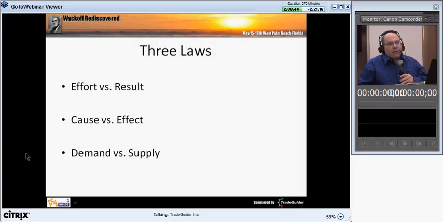Cause versus effect. Basically, the longer the market goes sideways through a trading range, and markets are probably in trading ranges 70–80% of the time, the larger the effect of the market will be. So we talked about a 5-minute chart that Wyckoff can do, and we talked about a monthly chart.